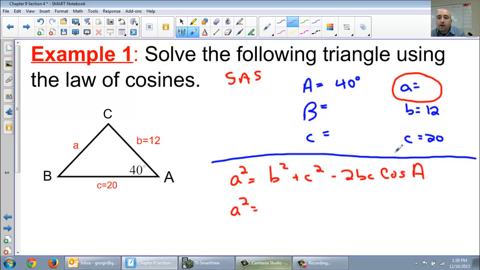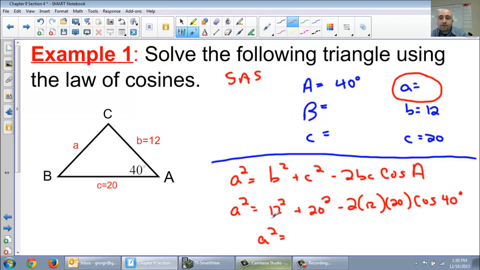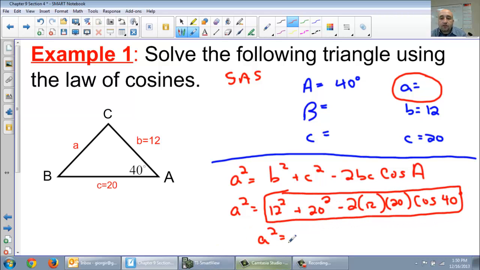We know little b is 12, so 12 squared, plus c squared, which is 20 squared, minus 2 times b times c, which is 12 times 20, times cosine of angle A, which is 40. With side-angle-side, all I have to do is type all of this information onto my calculator screen, and it should give me the correct answer for a squared.